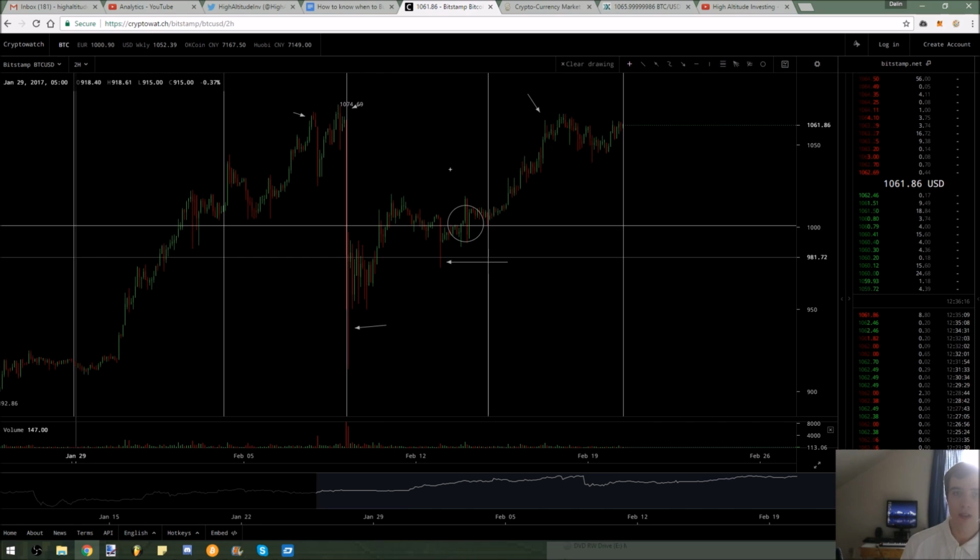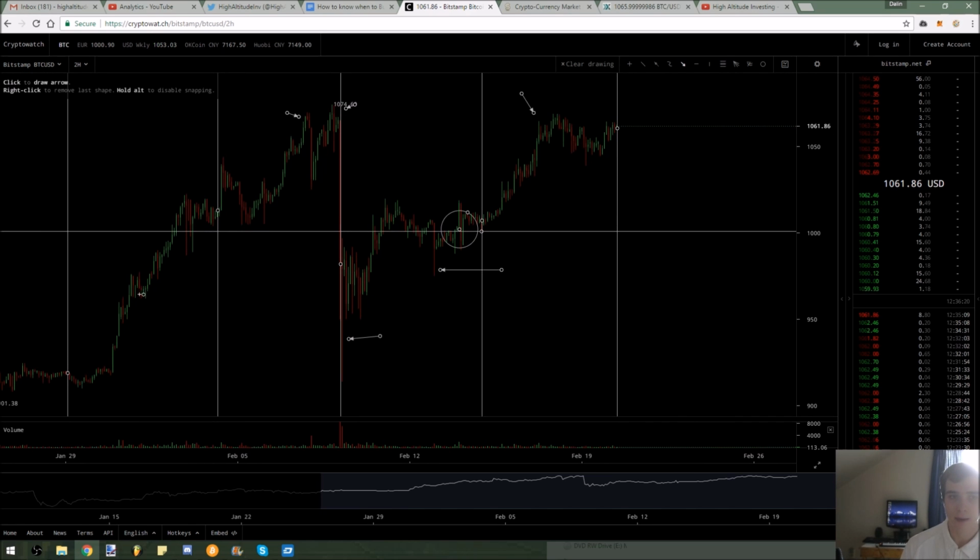So the first week we had a swing up, okay? So we had a swing up in week 1. And in week 2, we had another swing up in Bitcoin. Now, week 3 comes along, and we have a little bit of a retest. It came down, tested some support and resistance.